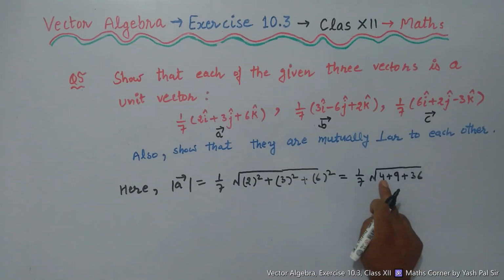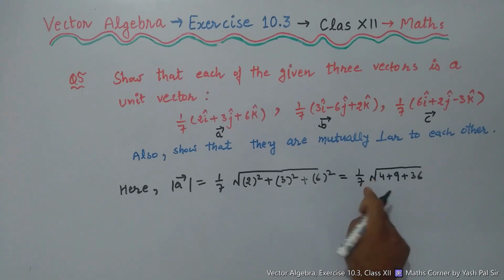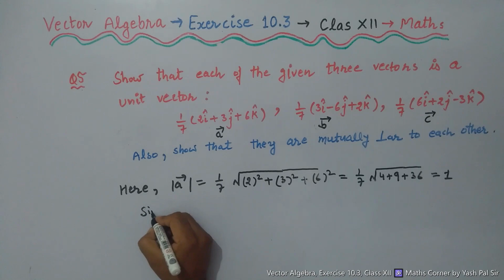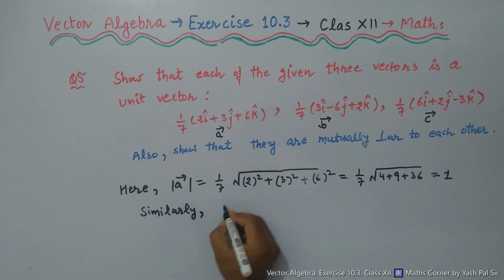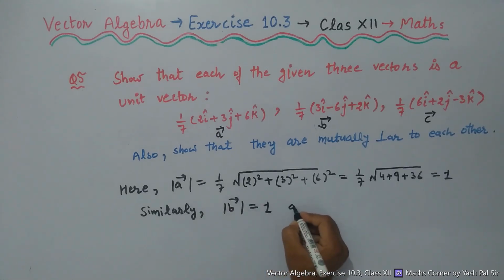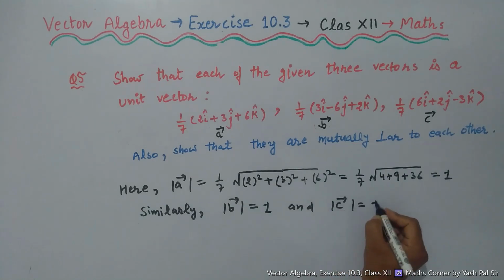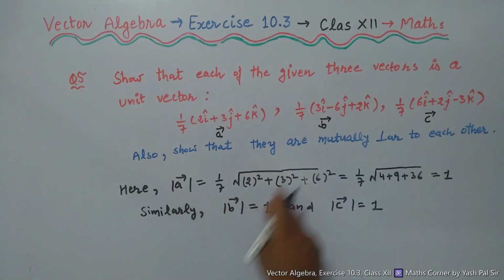So 36 plus 4, 40, plus 9 is 49. Square root of 49 is 7. 7 upon 7 is 1. Similarly, we have the magnitude of vector B equal to 1 and the magnitude of vector C is also equal to 1. So this way we can show that these three vectors are unit vectors.